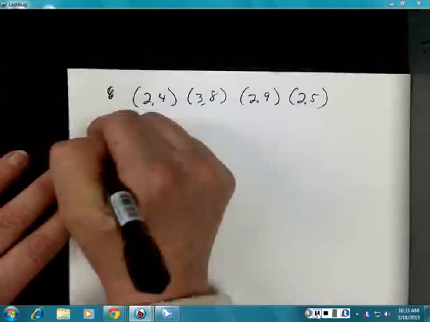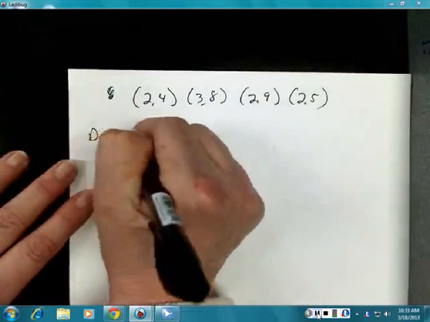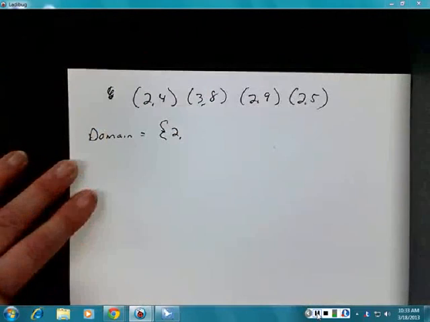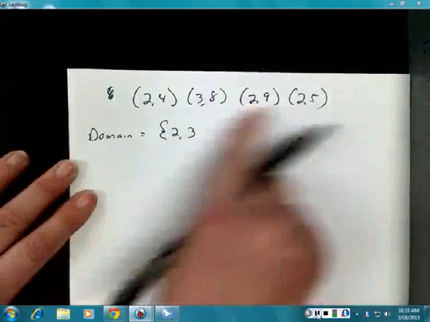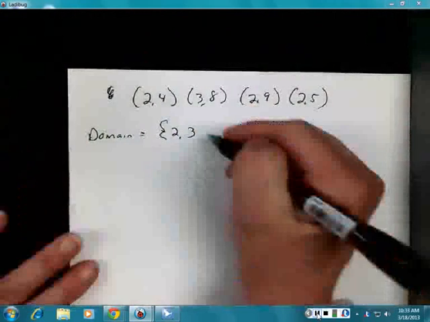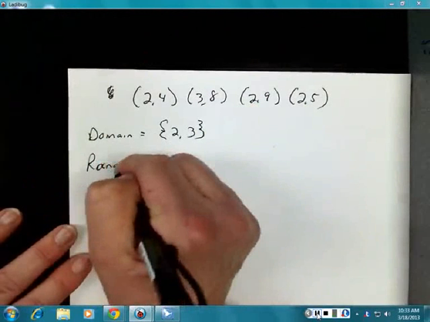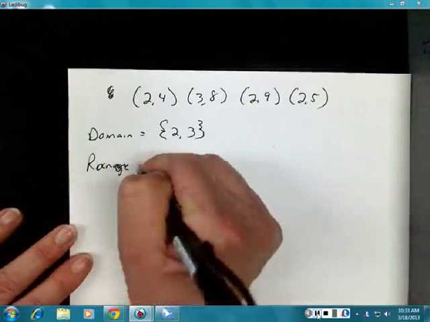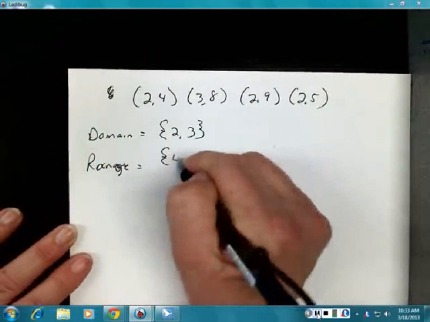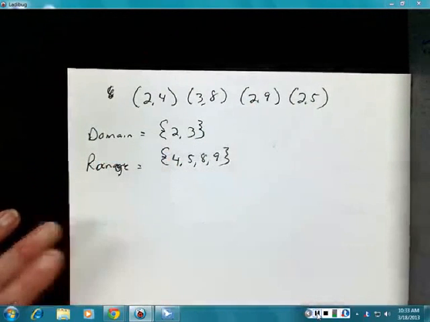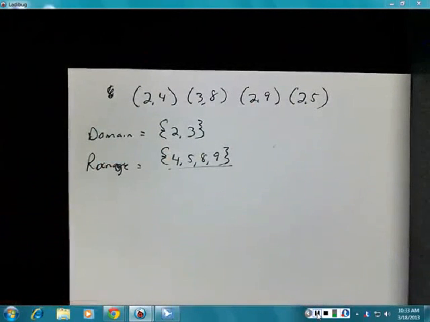Well, my domain is just a combination of 2 and 3 because these 2's are duplicates. But my range is going to have 4, 5, 8, and 9 in it because I've got all of those associated with these values that I have up above.